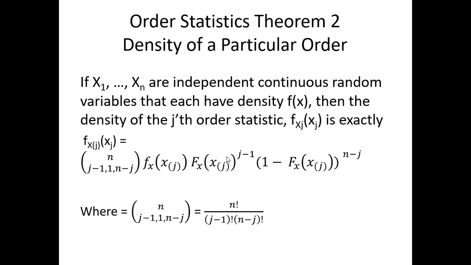In the second theorem for order statistics, we identify a density of a particular order. So you might want to find the PDF of the smallest variable out of all of them, something like that.